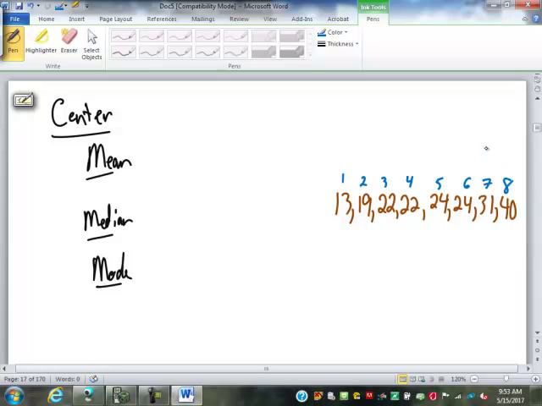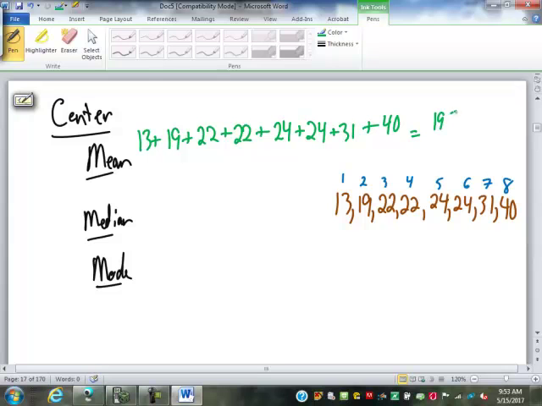How do I find the mean? Add them up. So I got 13 plus 19 is 32. Plus 22 is 54. Plus 22 is 76. Plus 24 is 100. Plus another 24 is 124. Plus 31 is 155. Plus 40 is 195.